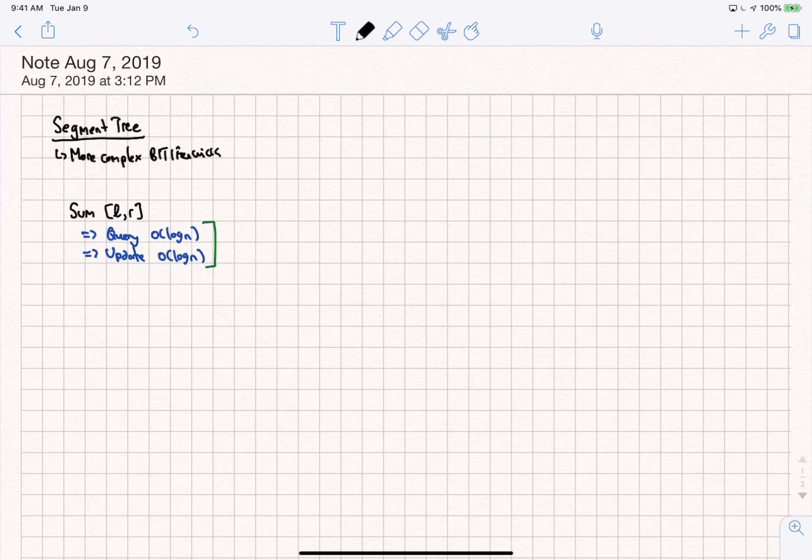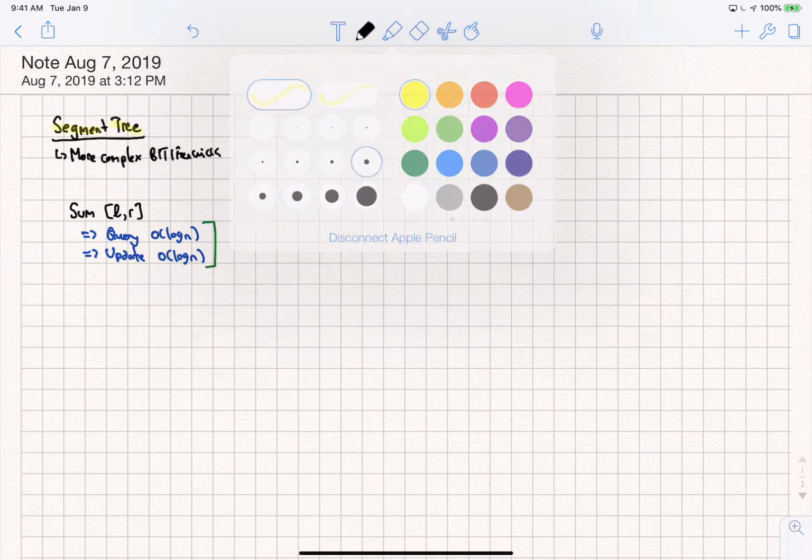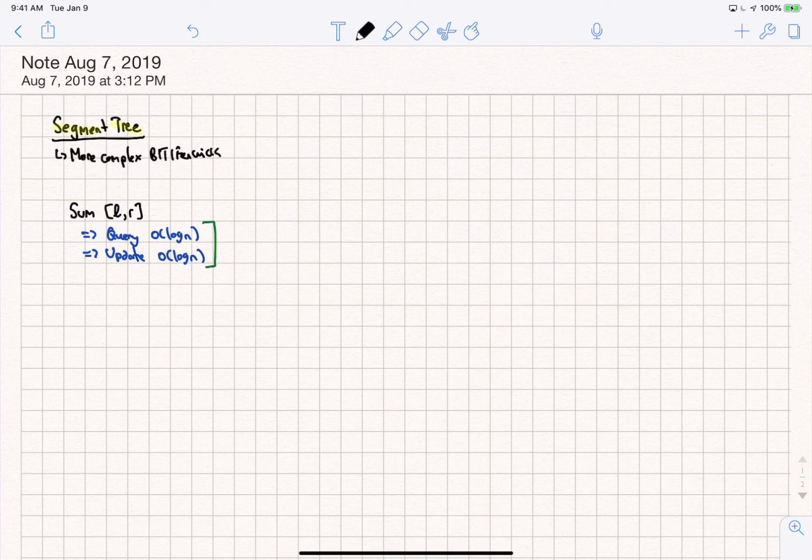So with this being said, what is the overall idea of a segment tree? Let's look at the name for a second. We see the name segment, and then we see tree. The idea is we break apart the array. So let's say we have an array with 5 values, like 1, 2, 3, 4, 5.